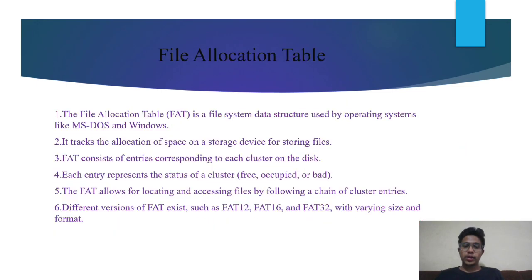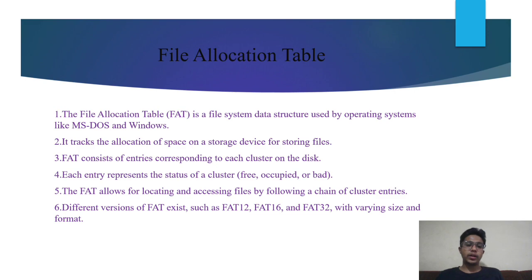File allocation table. The file allocation table is a data structure used by operating systems like MS-DOS and Windows. It tracks the allocation of space on a storage device for storing files.